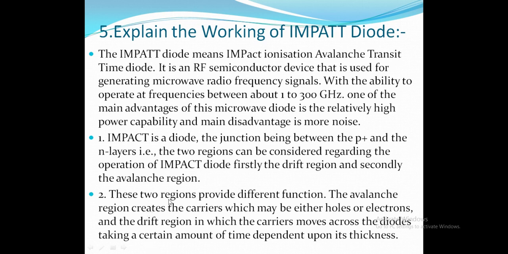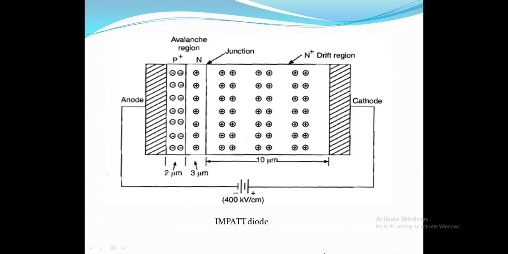The IMPATT is a diode whose junction is between the P plus and N layers. Two regions can be considered regarding the operation of the IMPATT diode.